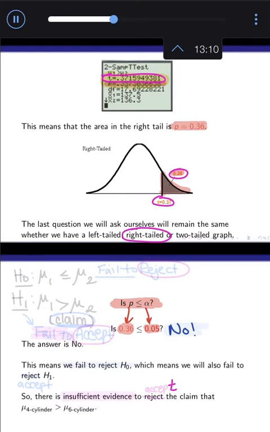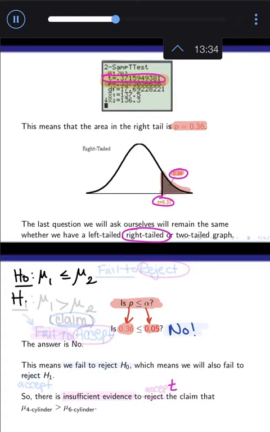Okay, then the question is, what does this mean? Well, I need to rewrite my H naught and my H1 to figure out what this actually means. Remember, H naught was that the mean of the first one, the 4 cylinders, was less than or equal to the mean of the 6 cylinders, the second group.